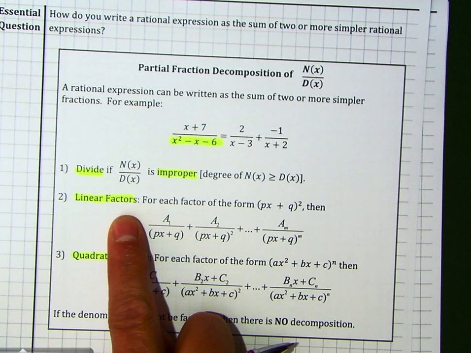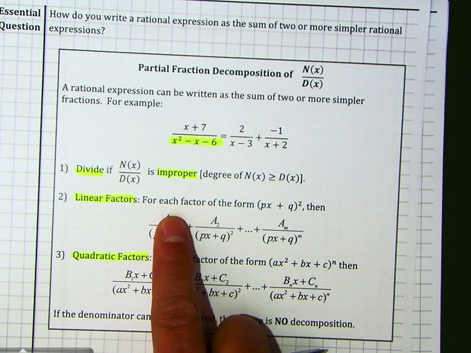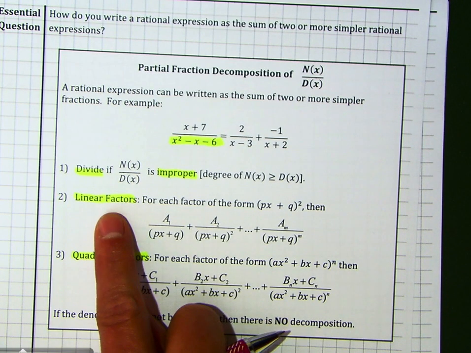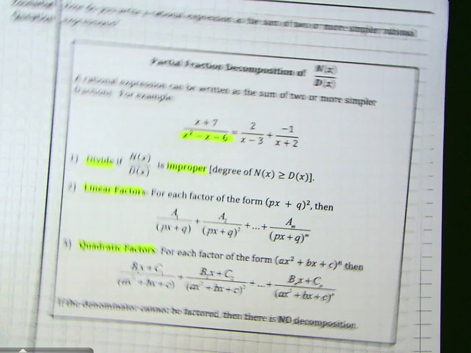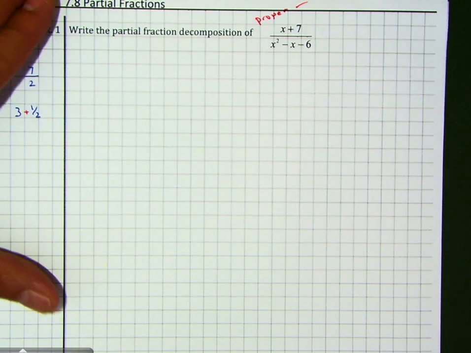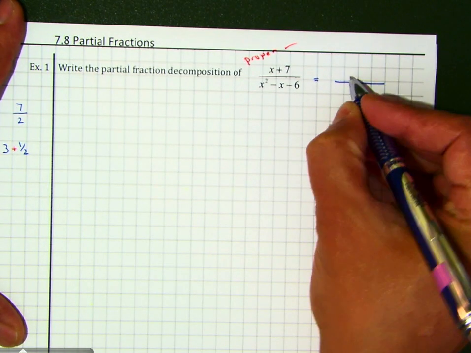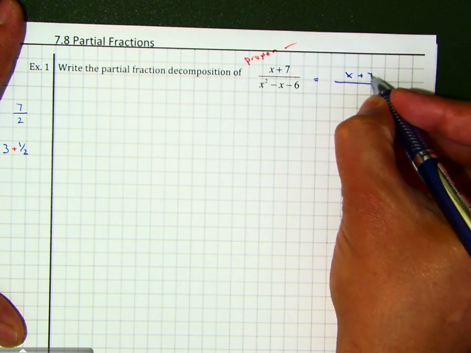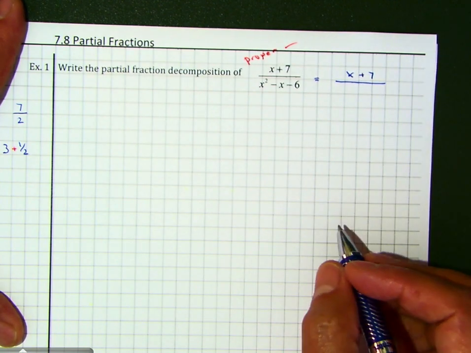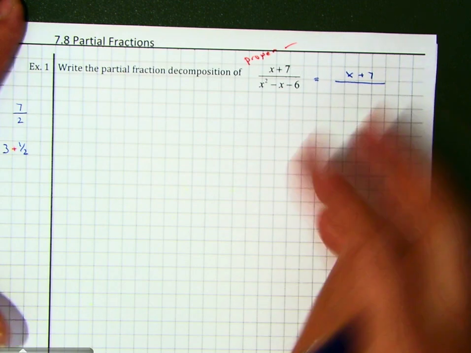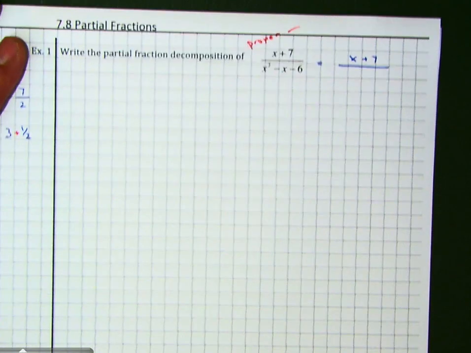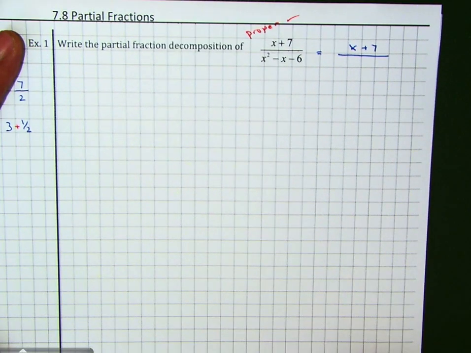Then we need to find the factors of your denominator, and we're going to decide whether they're linear or quadratic. So I'm going to rewrite it. My numerator will stay the same, x plus 7. My denominator, I'm going to rewrite as one factor using double parentheses.